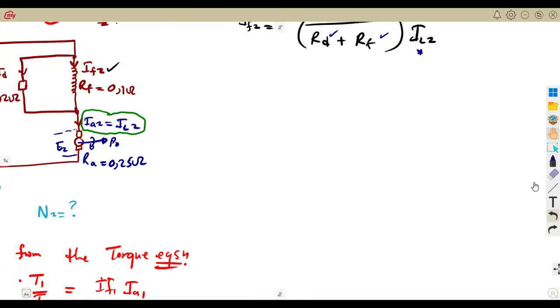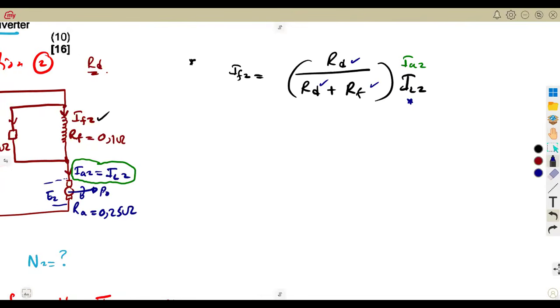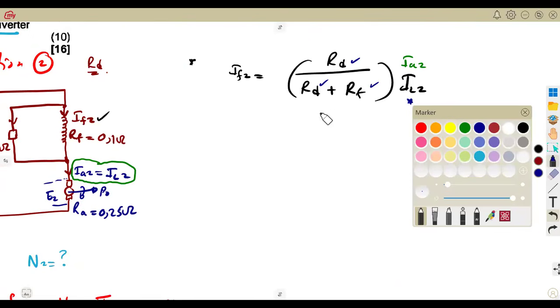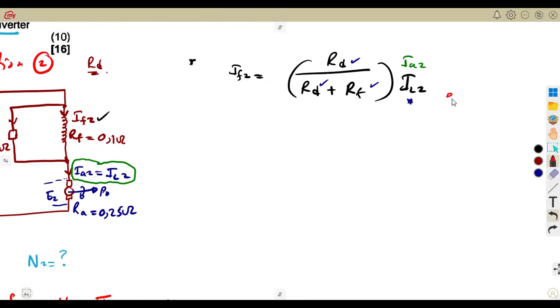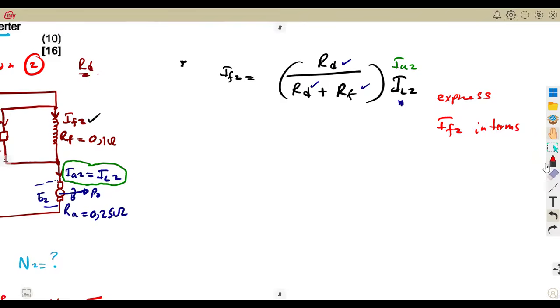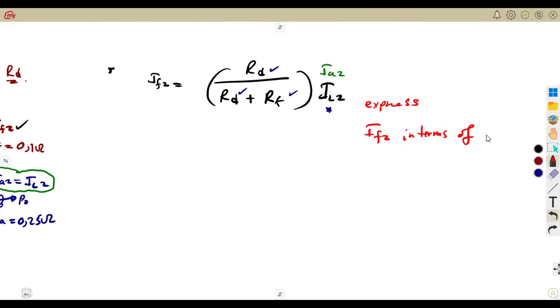You are going to write IF2 in terms of the armature current. You are going to express the field current in terms of the armature current. Remember, these two are the same, so we're not going to use the load current. We'll use the armature current there instead.